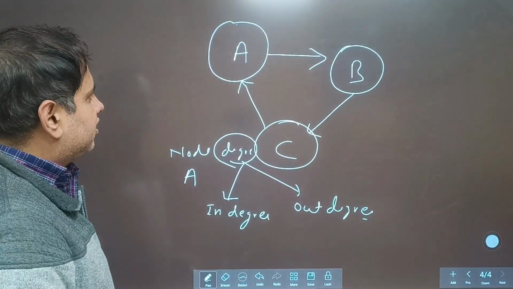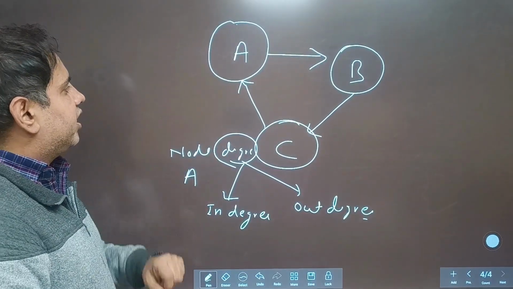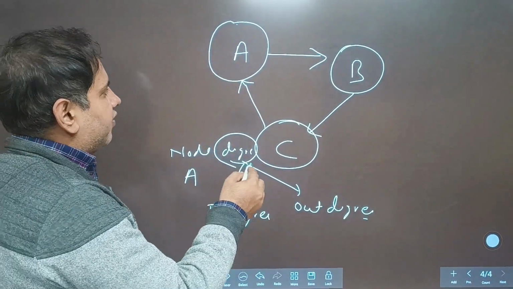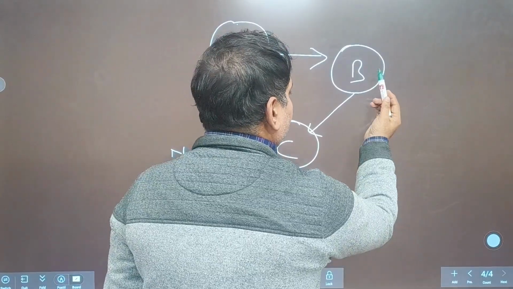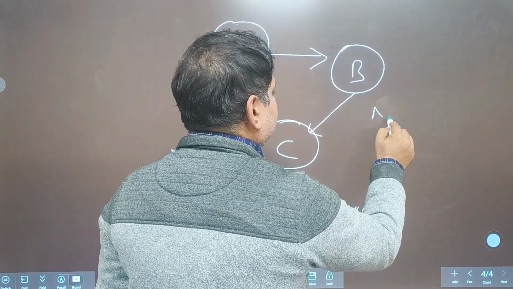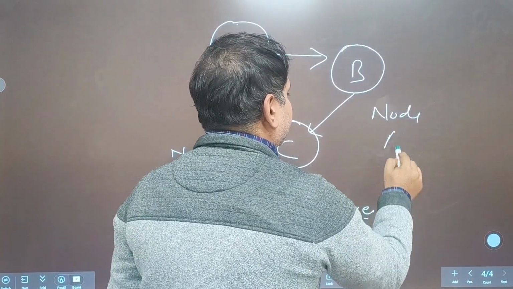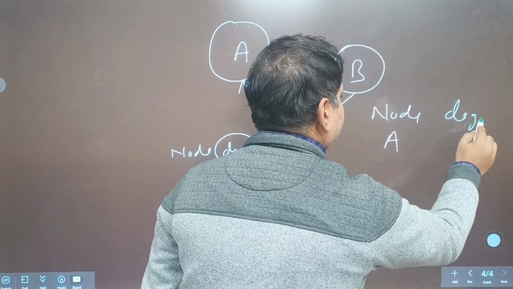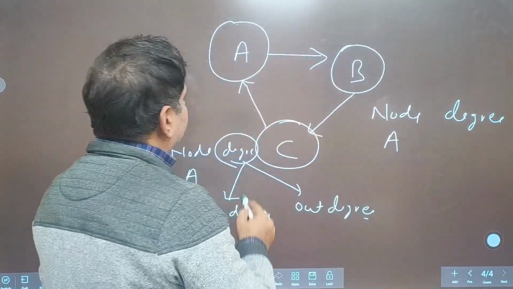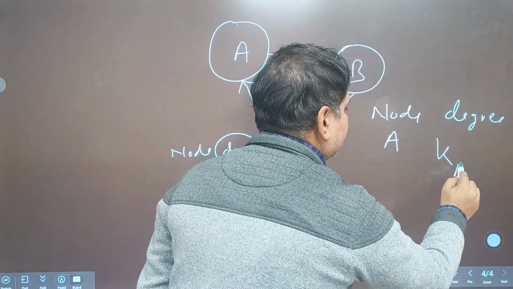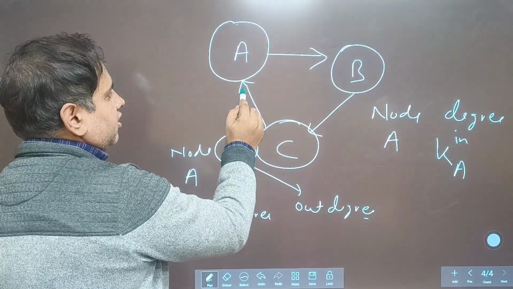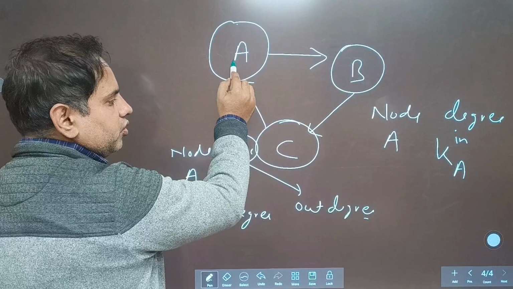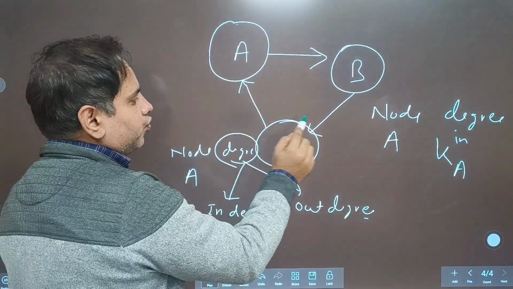So what does it mean? If we calculate the degree of node A in the directed graph, the in-degree means the one direction going in towards node A, so that is 1.